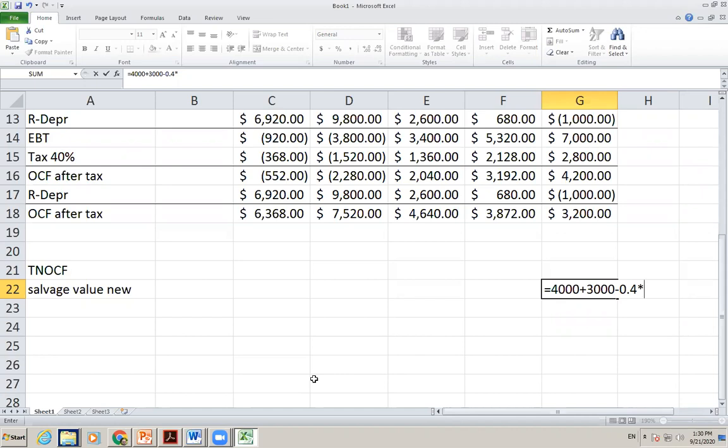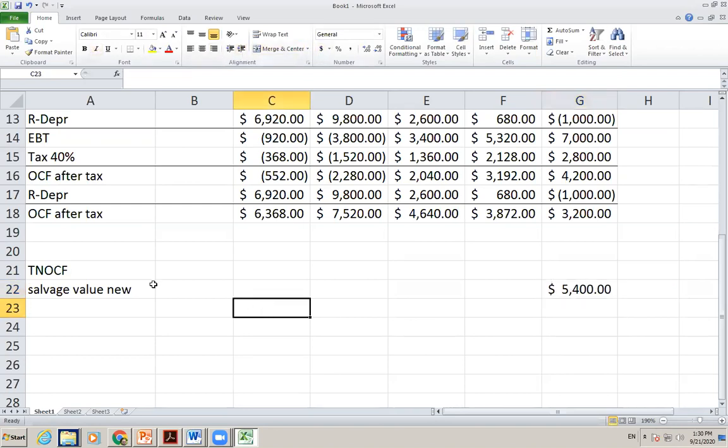That 4,000 should be taxed, and that tax amount should be deducted. So this is what you used to do before. However, when there is an old equipment and new equipment with some book value and salvage value at the termination date, the calculation of the terminal non-operating cash flow will be a little different. We're going to have a lot of examples. Don't worry about it.